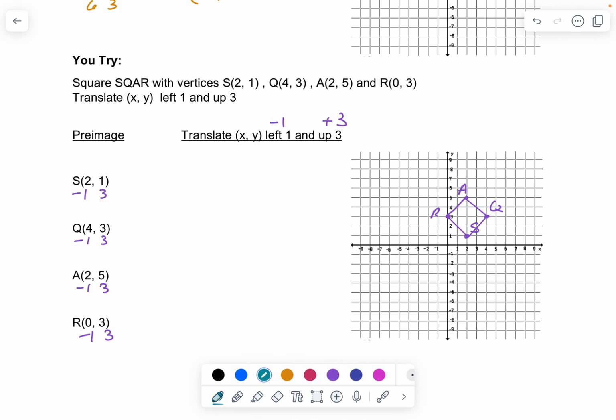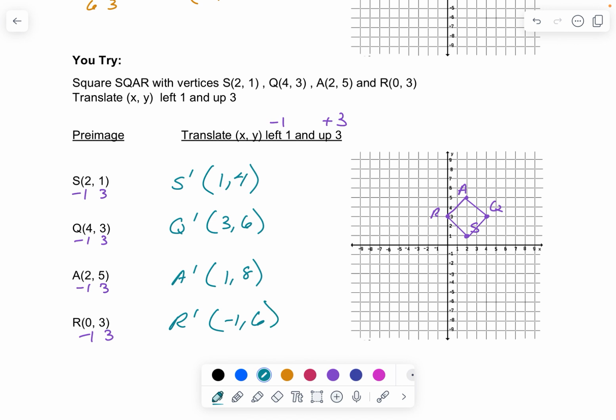So let's write what these translated images should be. So 1, 4, 3, 6, 1, 8, and -1, 6. Let's see what we have here. So we're going to go left 1, up 3. Left 1, up 3. That's my S prime.